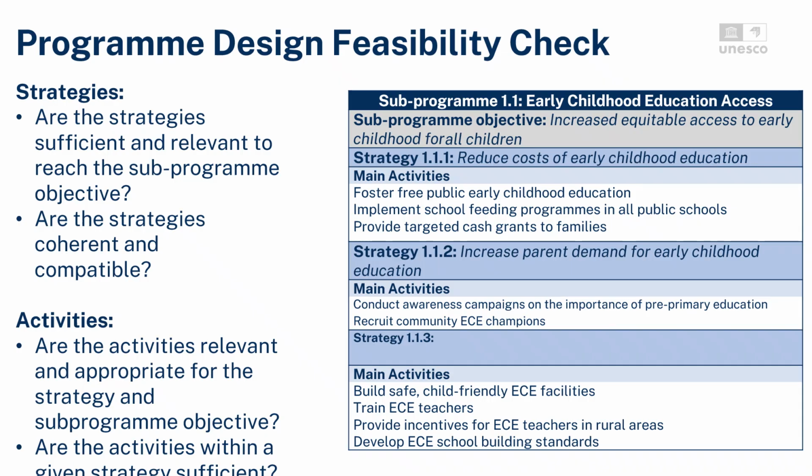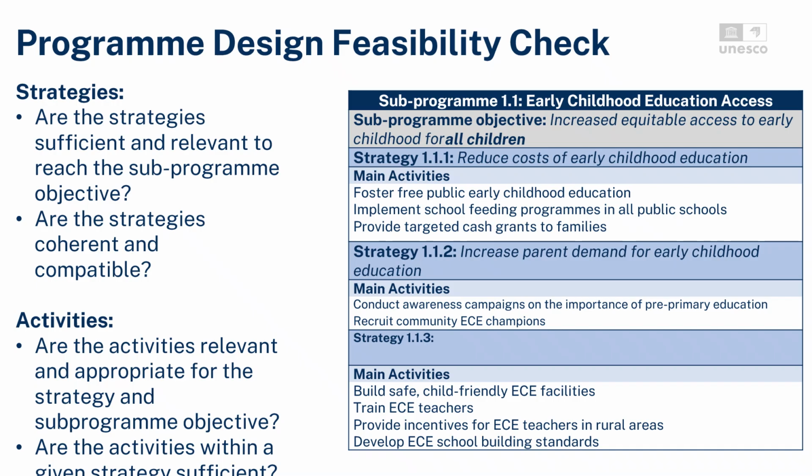We have emphasized increasing equitable access to ECE for all children. To achieve this, we might want to adjust our supply-related strategy 1.1.3 to ensure that we are expanding programs to be accessible and compatible for marginalized groups.